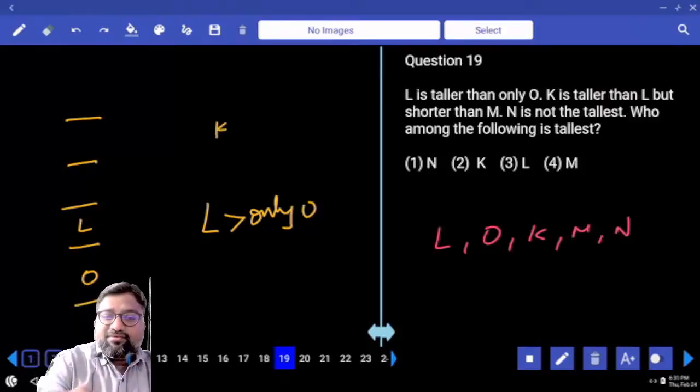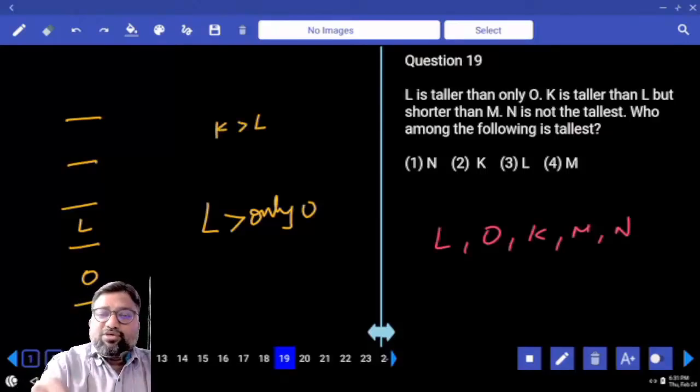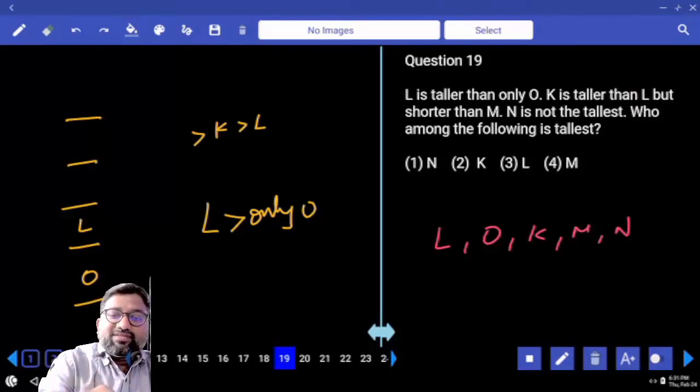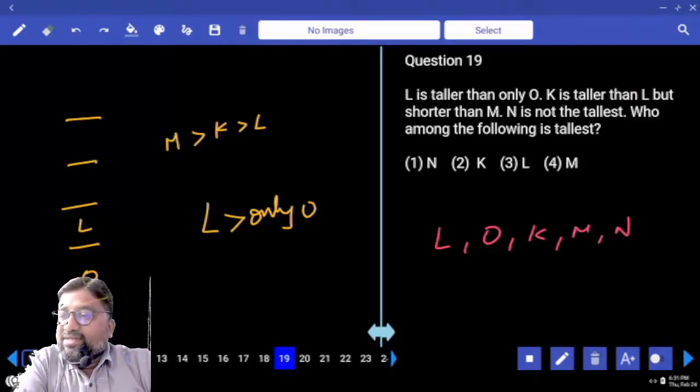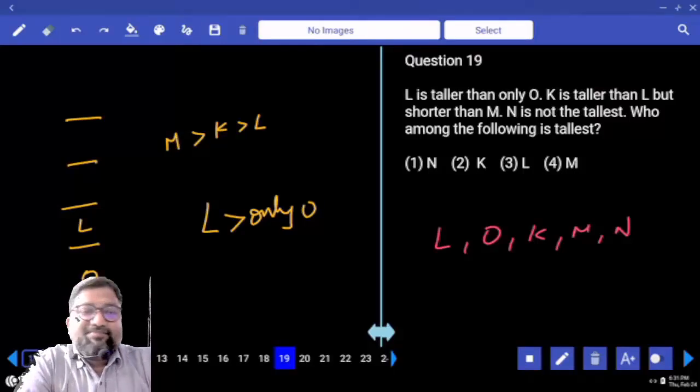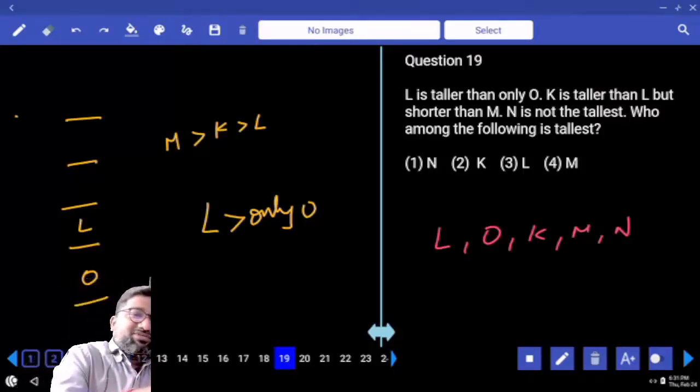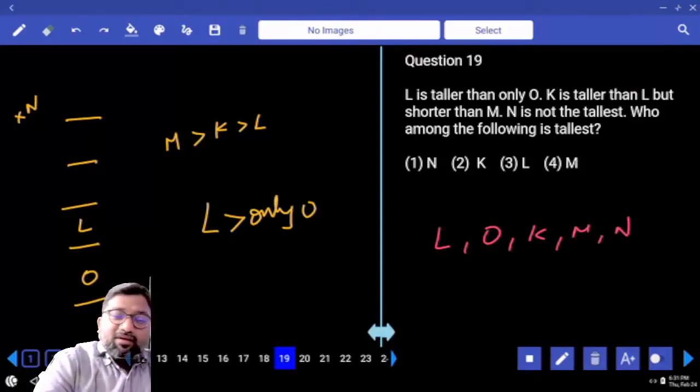K is taller than L but shorter than M. Clear? N is not the tallest. This position is not for N. I'll do one thing.